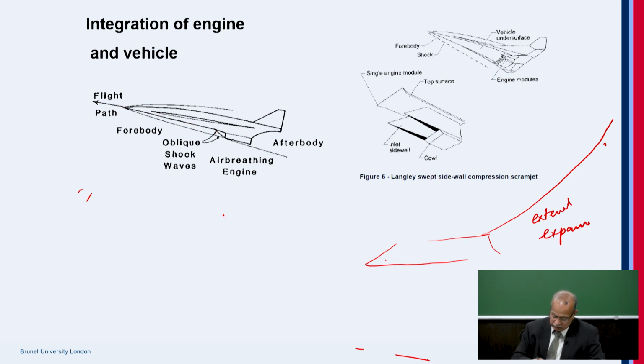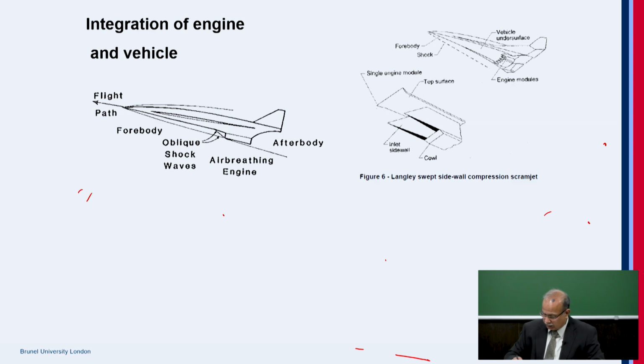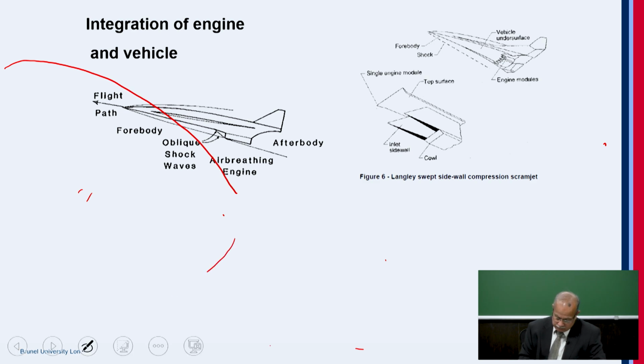Because it flies at such a high speed, we really need this. Otherwise, we can't direct the required amount of air into the engine. Otherwise, you will have an engine like this.